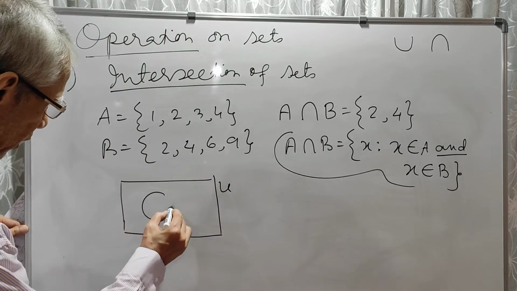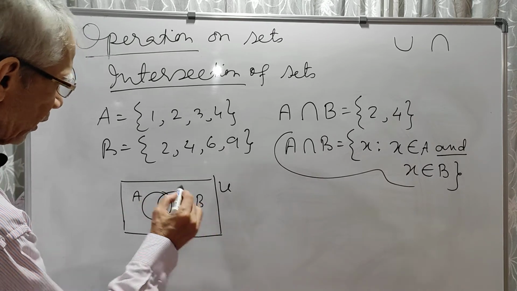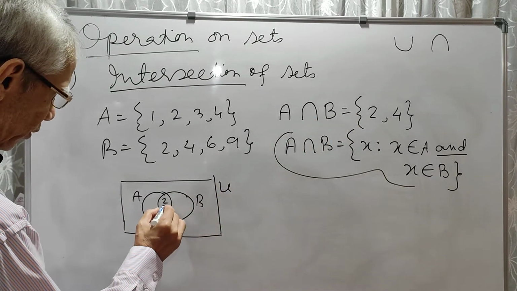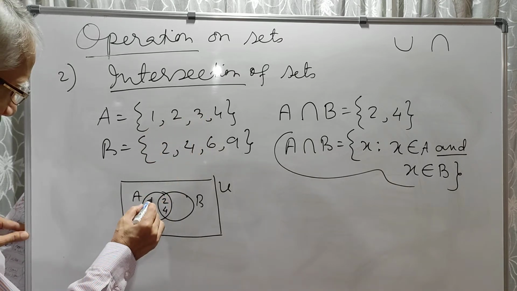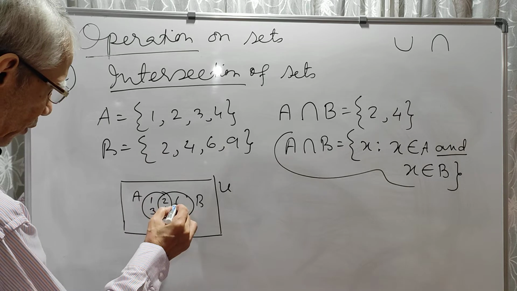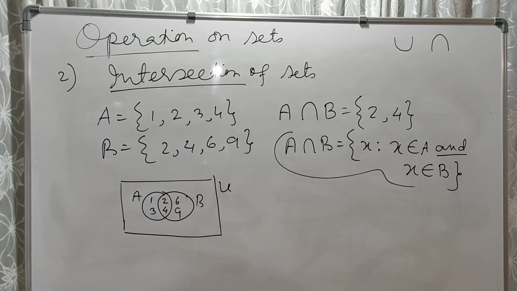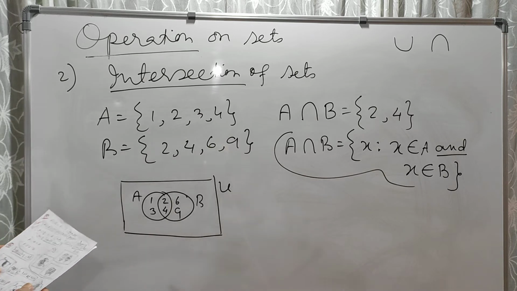This is A, this is B. What are the two elements intersecting? 2 and 4. A contains 1, 2, 3, 4, and B contains 2, 4, 6, 9. So this is the intersection.